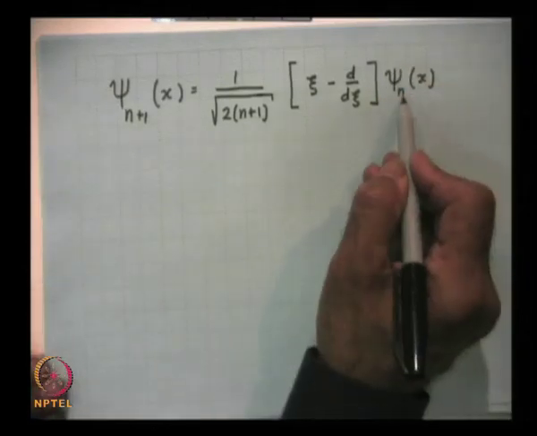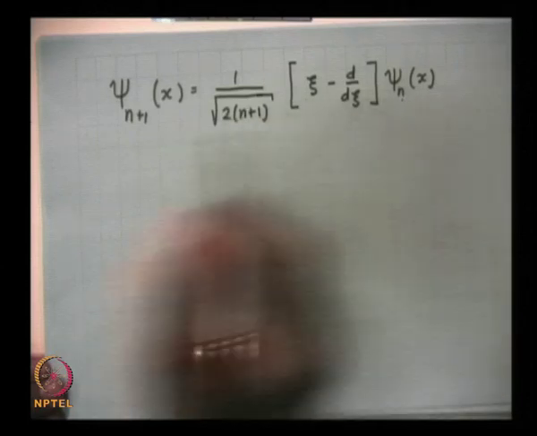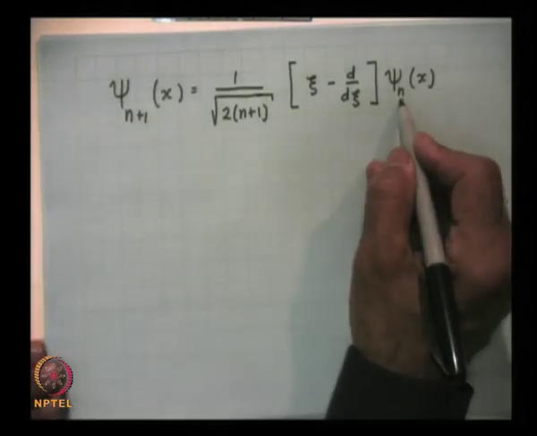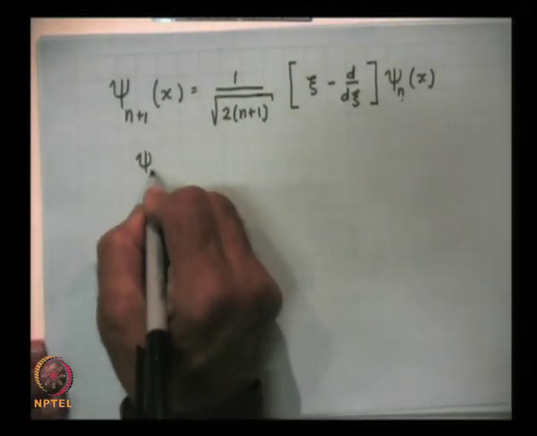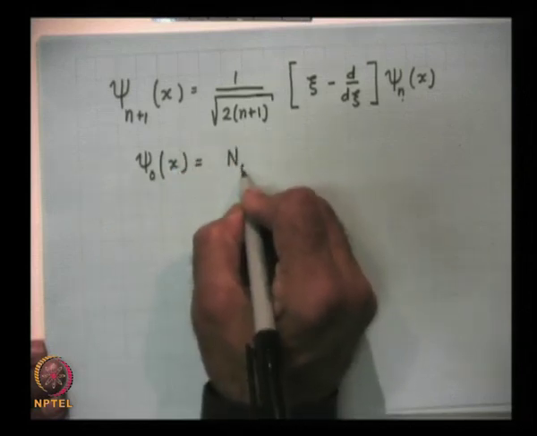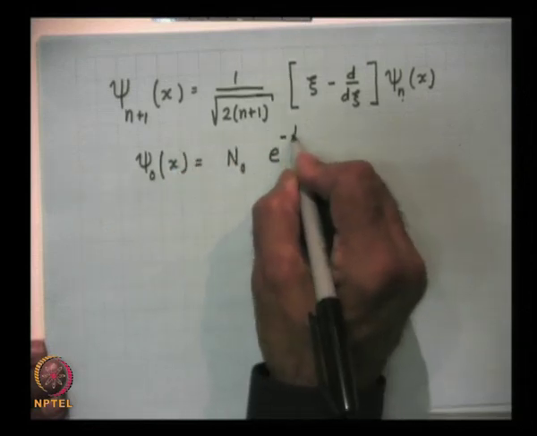So, if I know psi n of x, by simple differentiation I can find out psi n plus 1 of x, but I do know psi 0 of x, which is equal to N 0 e to the power of minus half xi square.